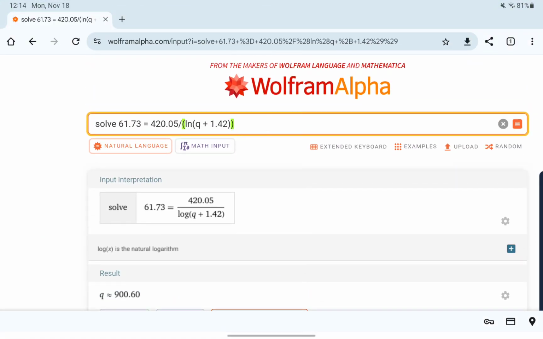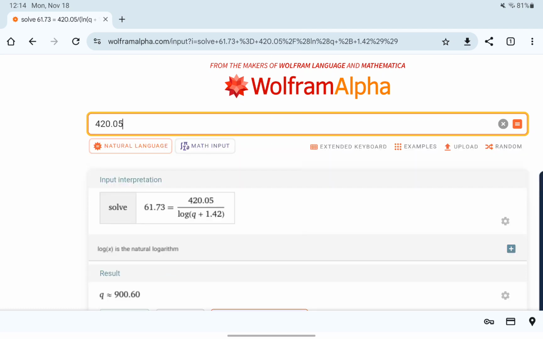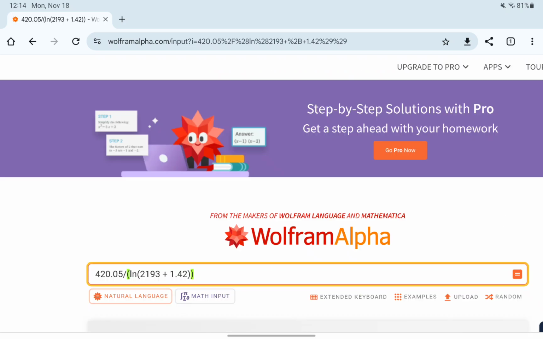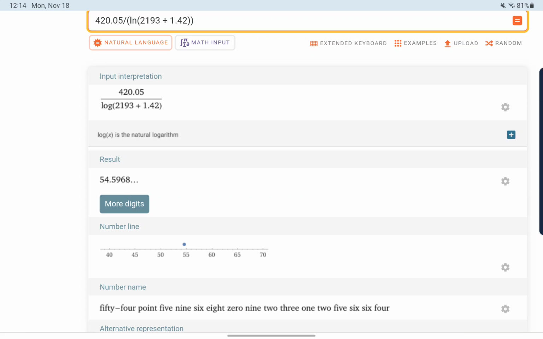So now, rather than solving, we're just evaluating this expression at Q equals 2,193 to get a price point of $54.60.